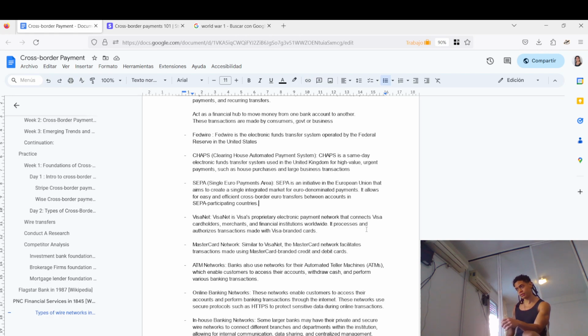It processes and authorizes transactions made with Visa-brand cards. This is very specific to VisaNet. Interesting, a proprietary electronic payment network.